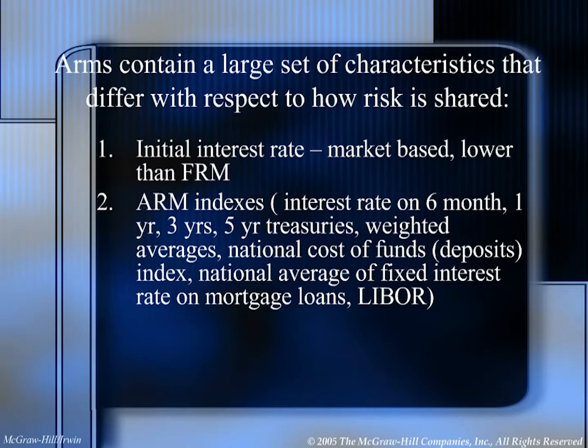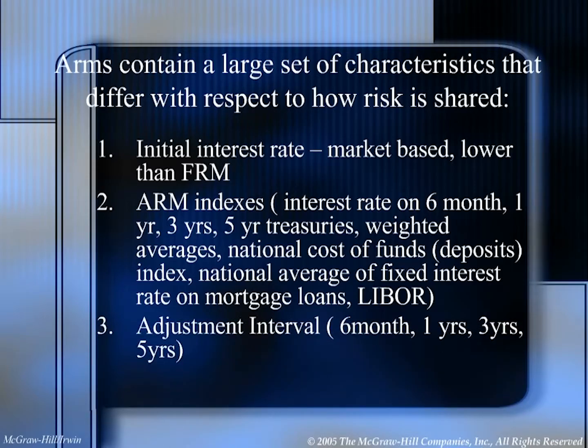The shorter the term, so 6-month versus a 5-year Treasury index, the shorter the maturity of the index, the more volatile the interest rates, the more often they change, so the more risk that goes to the borrower and gets taken away from the lender.